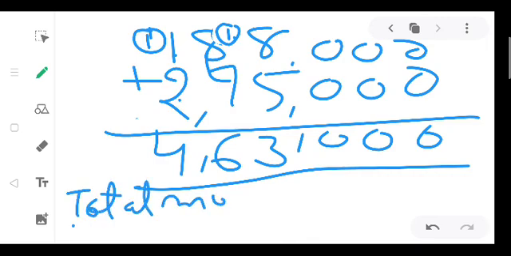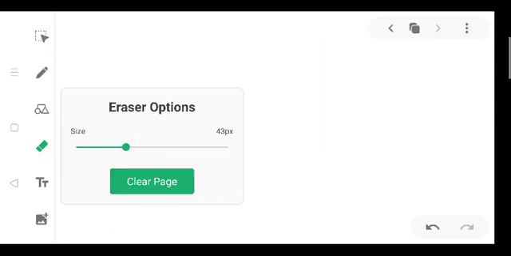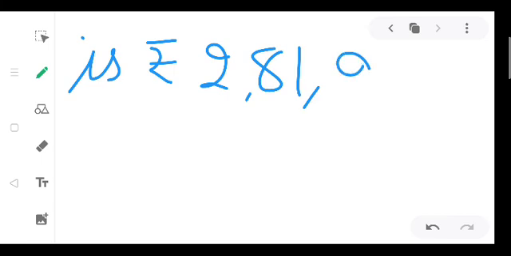Total money spent is rupees 2,81,900, and write the statement also in a proper way. Here I am not having sufficient space, that's why I have not written the statement, but in your notebook you will write. Thank you children.